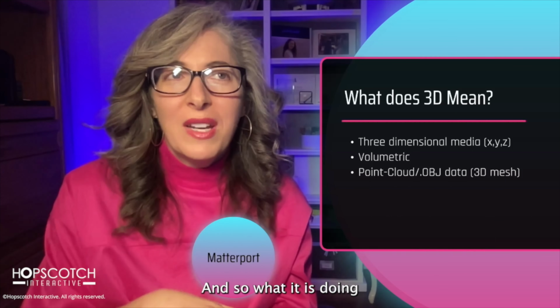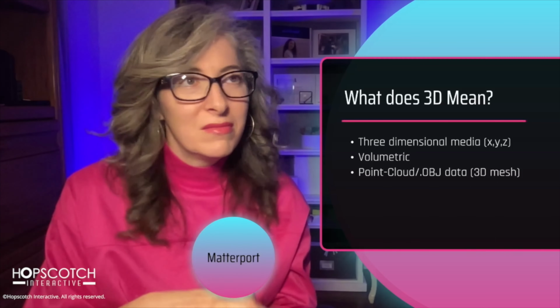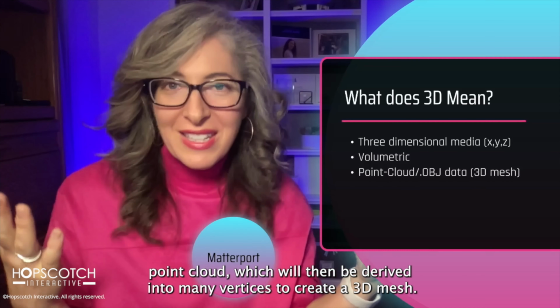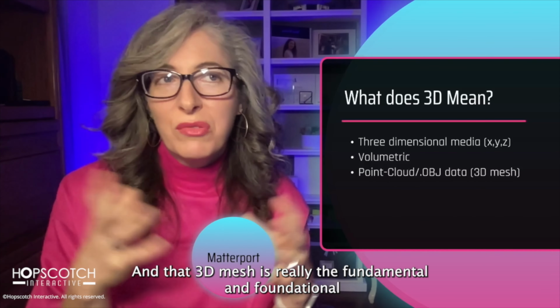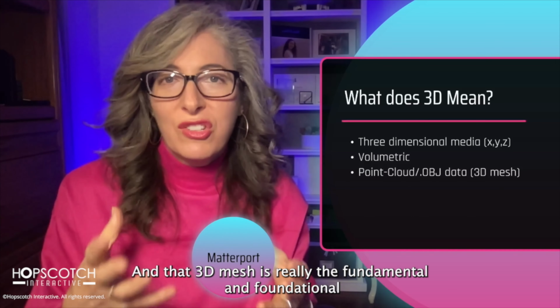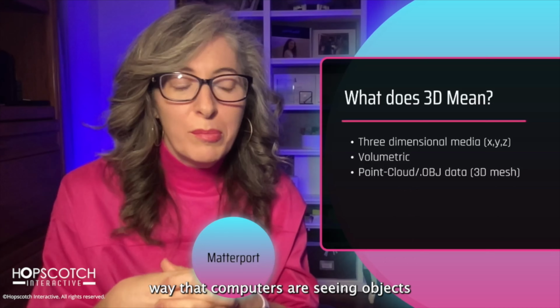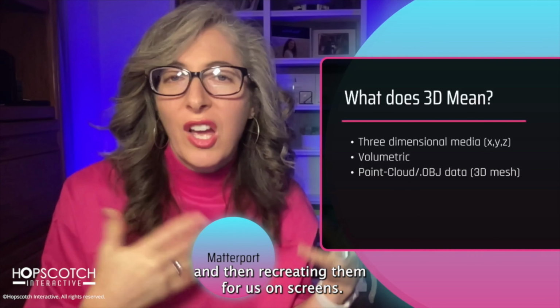And so what it is doing is it's really creating this point cloud, which will then be derived into many vertices to create a 3D mesh. And that 3D mesh is really the fundamental and foundational way that computers are seeing objects and then recreating them for us on screens.